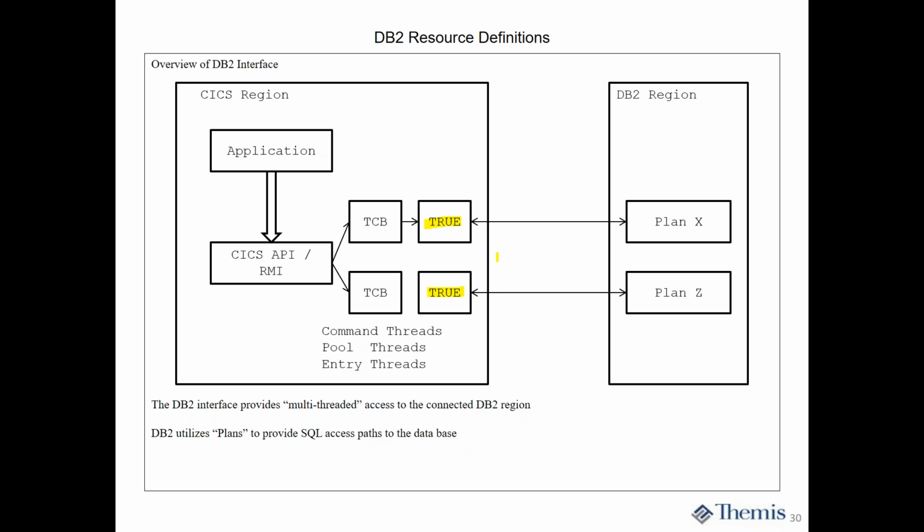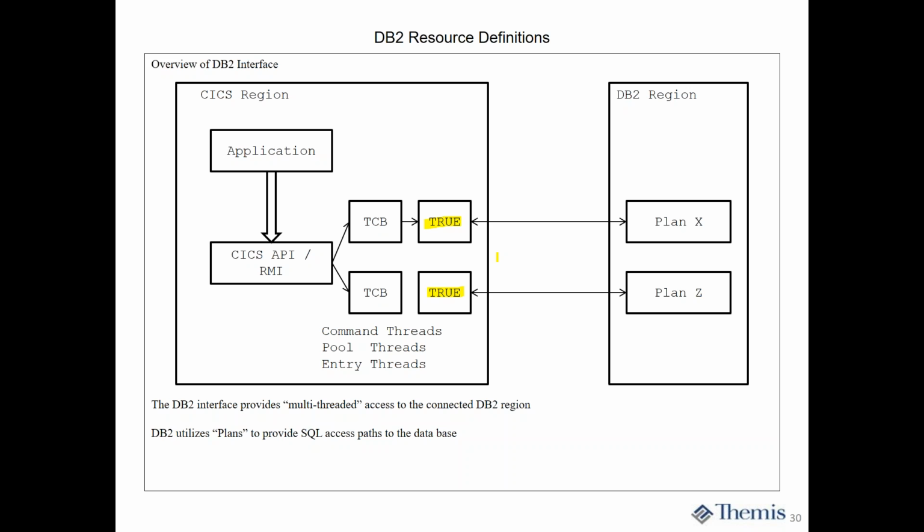Pool threads are all accesses for applications doing SQL requests that you do not have a specific DB2 entry for. If I don't have a transaction defined into a DB2 entry, then it's going to use the pool. Pool threads cannot be protected. Every time the threads are used, they're going to go through some kind of partial sign-on.